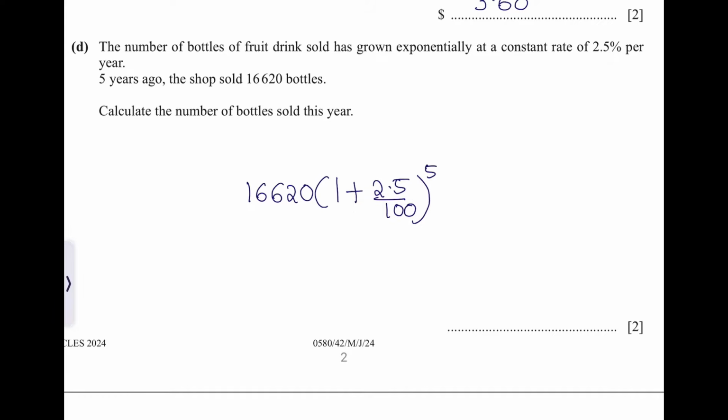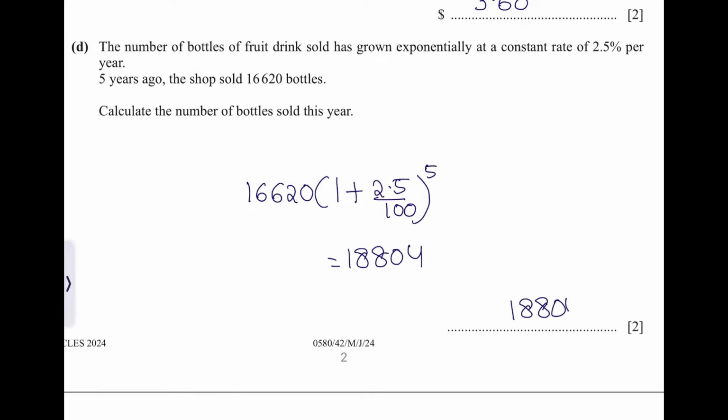Since it's exponential growth, we use plus here. Simply use the calculator: 1 plus 2.5 over 100 raised to 5 gives you 18804.0045, which can be taken as 18804. Since you're talking about bottles, it must be a whole number.